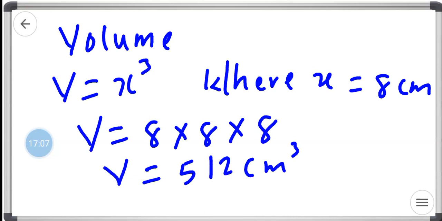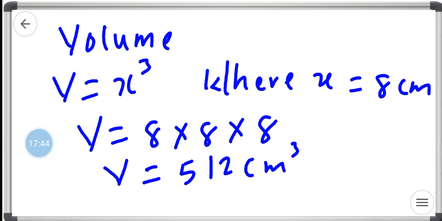Don't forget that we've been able to solve for surface area, length of a diagonal, and volume. For the surface area, the formula is S equals 6x squared. Where x is given in the question, in a cube all sides are equal, so if we are given x, it is the base and the length, because all sides are equal.